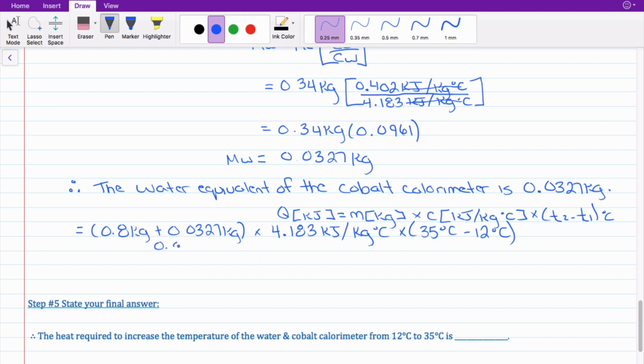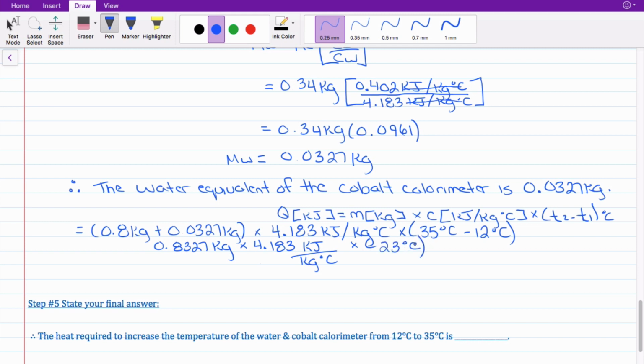So 0.8327 kilograms times our specific heat of water, so 4.183 kilojoules per kilogram Celsius, and then times our temperature rise, so 35 minus 12, that'll give us 23 degrees Celsius.